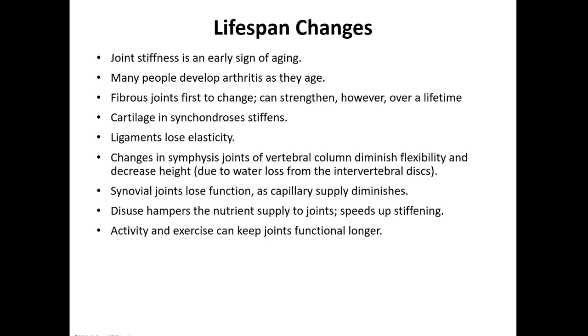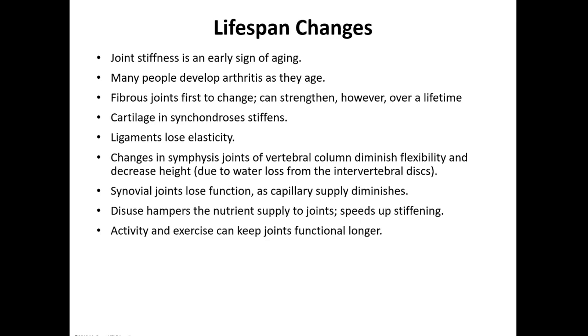Osteoarthritis is the one that we tend to succumb to as we get older. The reason for that is disuse, not being active, not doing exercise. When we're not exercising, we are hampering the nutrient supply to the joint that provides nutrients for the cartilage located there.